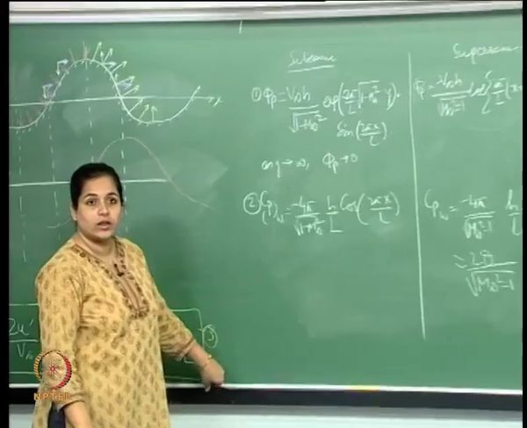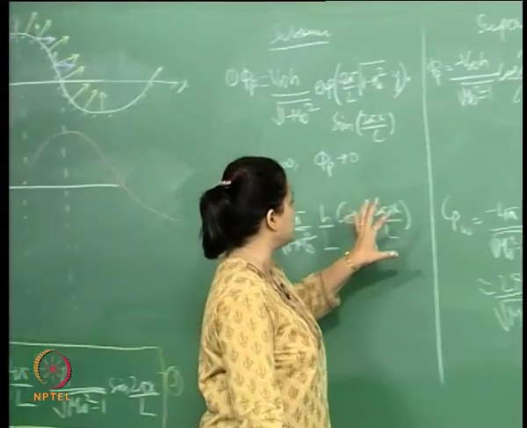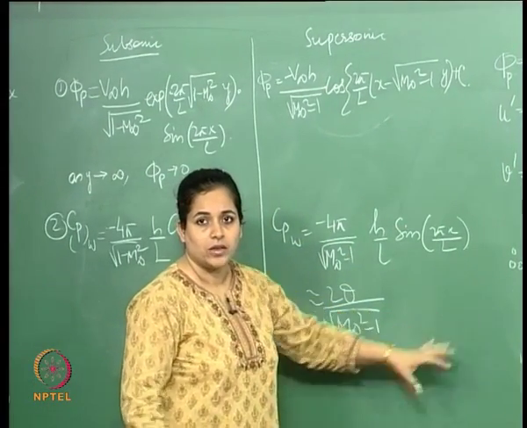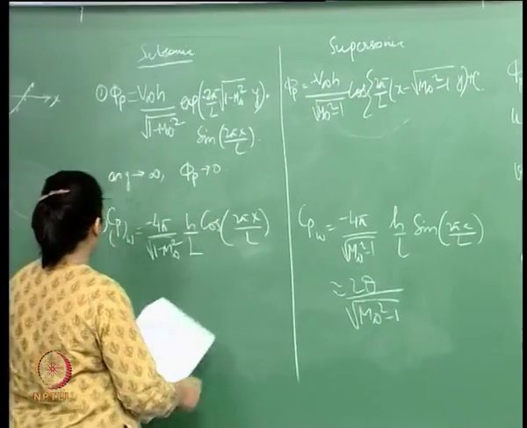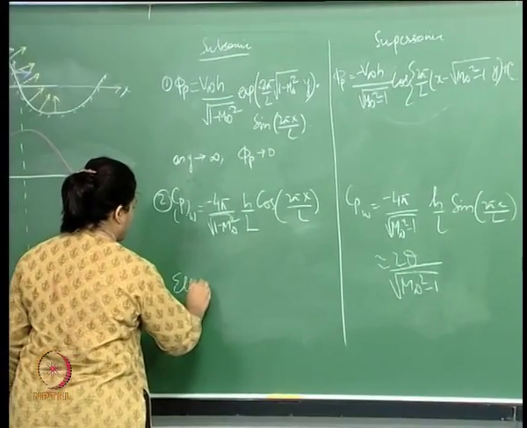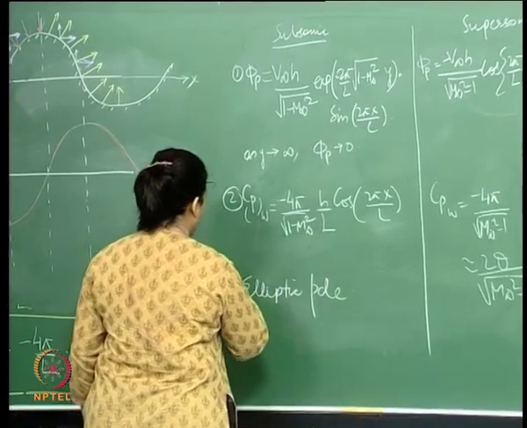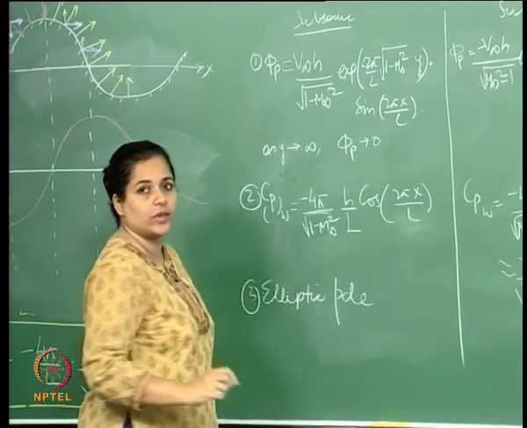We saw that this caused no drag because of its symmetry, whereas this did cause a drag. Finally, here we have an elliptic PDE, which we solved using the method of separation of variables.